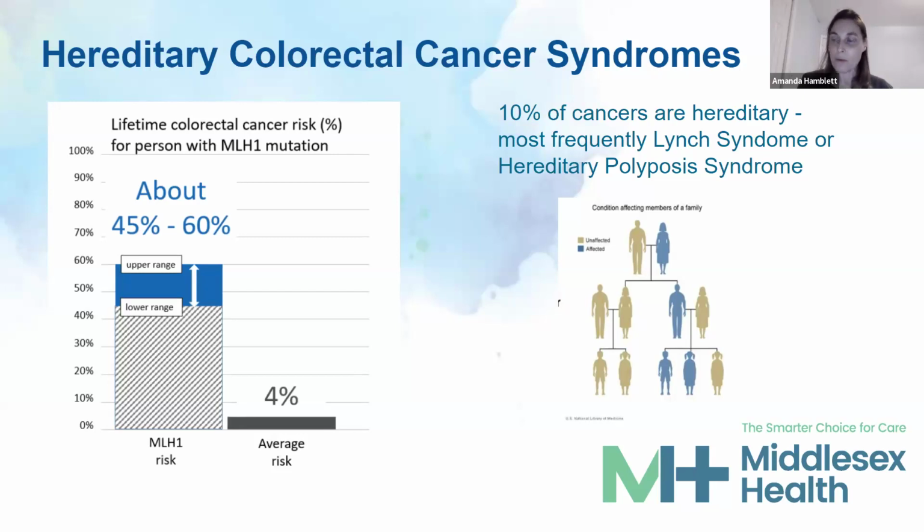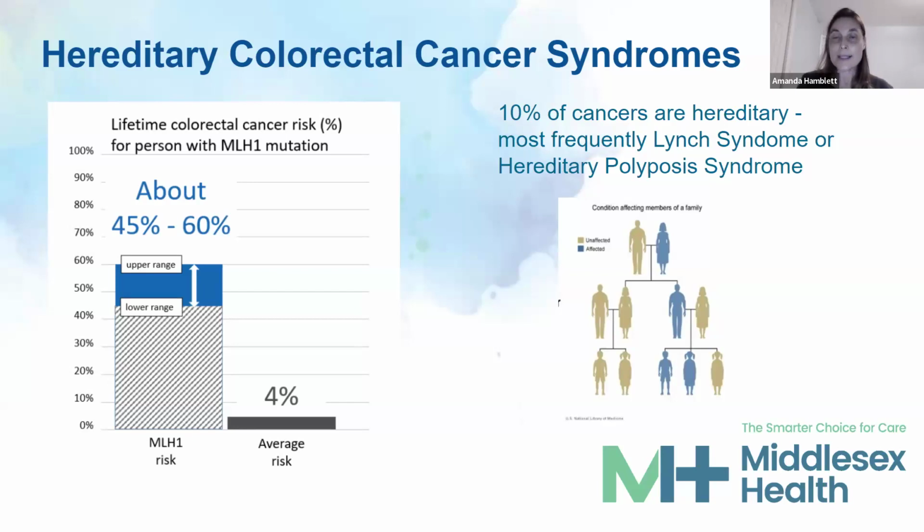That means that both men and women are just as likely to inherit the mutation or the hereditary cancer risk, and that if someone has the mutation or hereditary cancer risk, each of their close family members, like their siblings, have a 50-50 chance to also have that mutation associated with that increased risk.